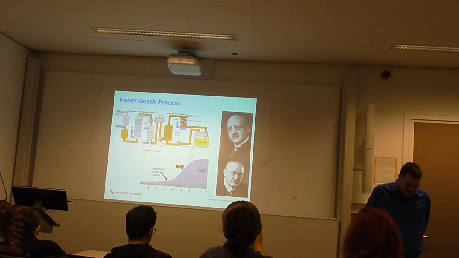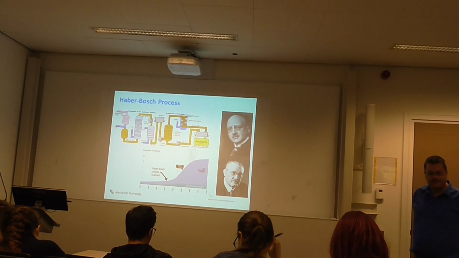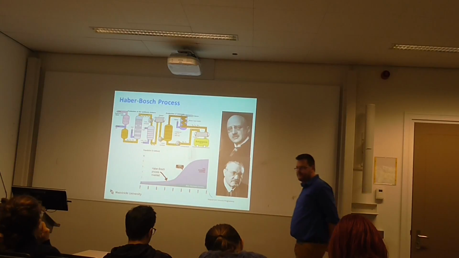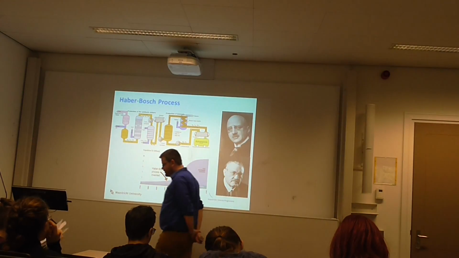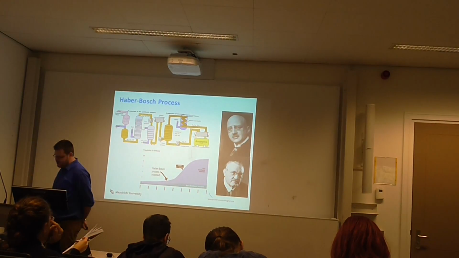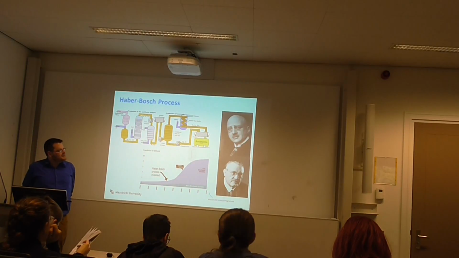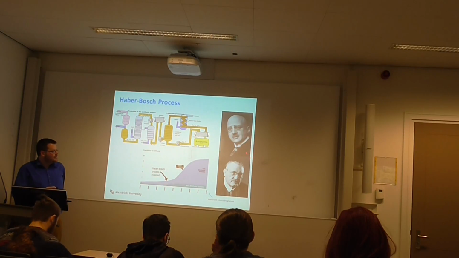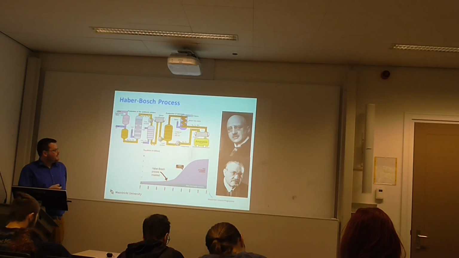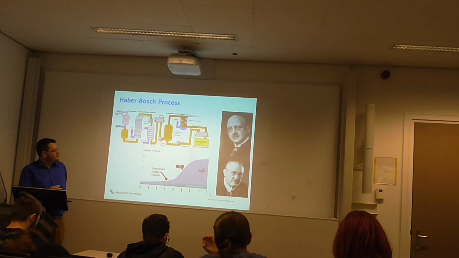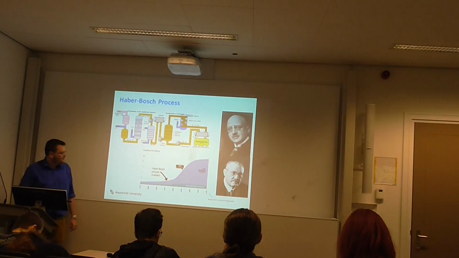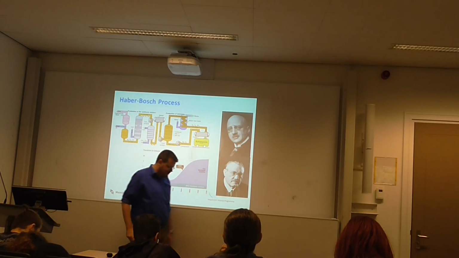The other important process is ammonia synthesis. Now we're going to have today, in fact, a nice task devoted to this, so I'm not going to spend too much time on it. It is a process developed in the 1930s by Fritz Haber and Bosch. This is a schematic overview of the process. We'll look at a video in a moment, just so we can see what it looks like.